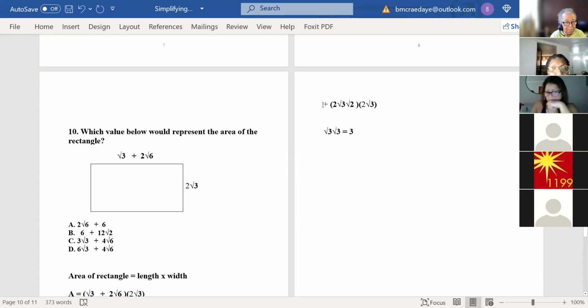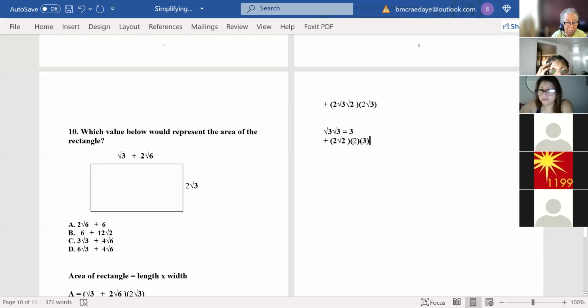So let's just take this, copy it. Now, instead of having the square root of 3 times square root of 3, I said that's 3. So I can take the square root of 3 out, right? And square root of 3 times square root of 3 is 3. So that would be 3, 3. Everybody with me?